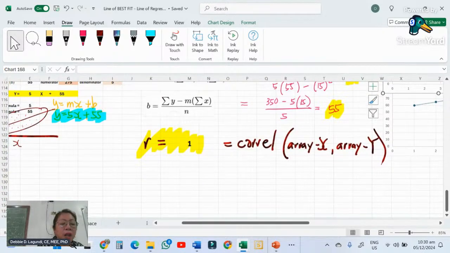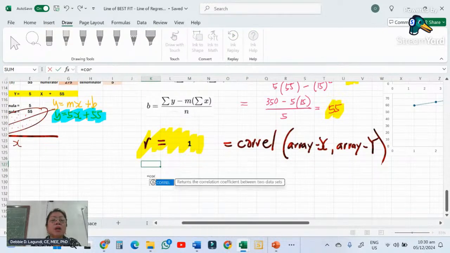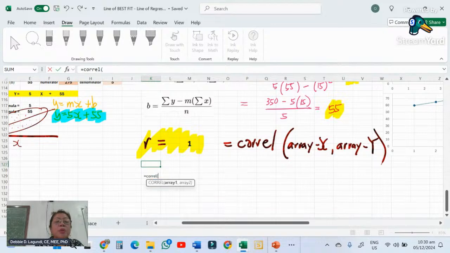It's just CORREL, all right? So you do equals CORREL. As you can see, the formula returns the correlation coefficient between two sets of data. So the correlation would be the word CORREL using the Excel formula, open bracket.